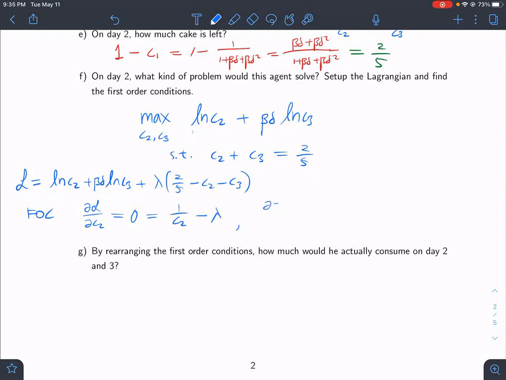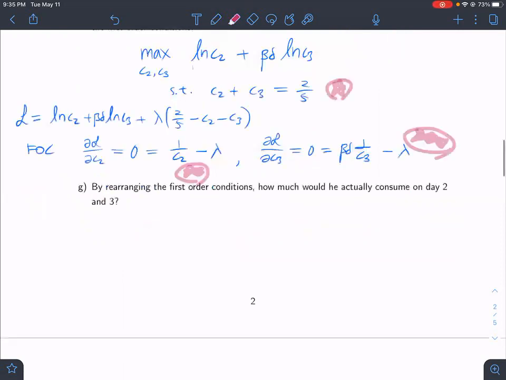If I differentiate with respect to C3, set it to 0, I will have beta delta 1 over C3 minus lambda. And then we have our budget constraint. So this is star, 2 star, 3 star. Okay, any questions so far?